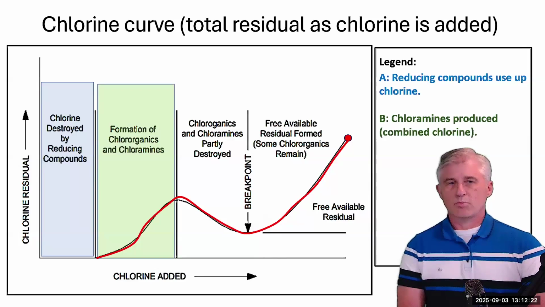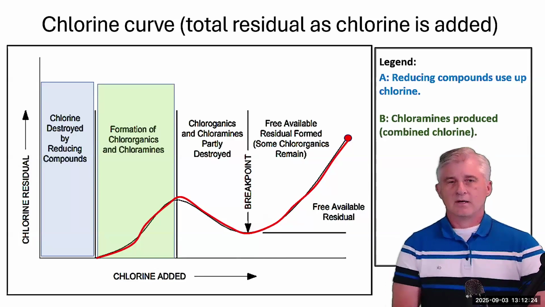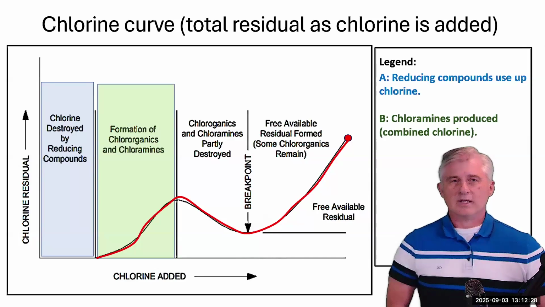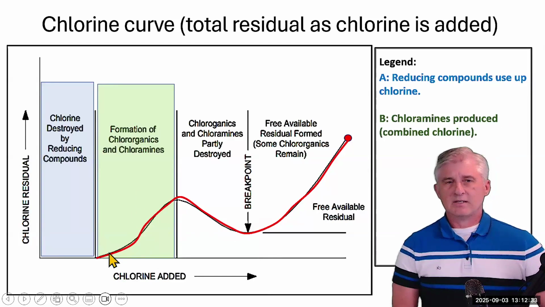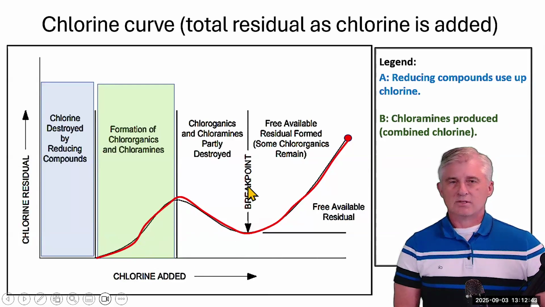I said this was an important concept that I tried to impress upon the regulated community back when I was working for the state, and it's because it's counterintuitive. The idea is that the more you apply, you'll get to a point where it stops increasing. And so that's called breakpoint chlorination.